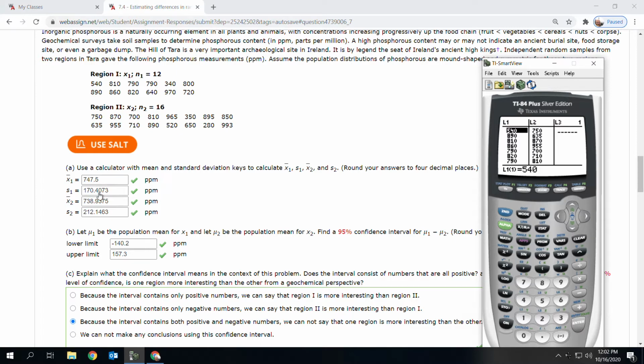For these first four boxes, means and standard deviations for each group, you go Stat, Calculate, Two Variable Statistics, and just to be safe, I'm going to tell it L1, comma, L2.